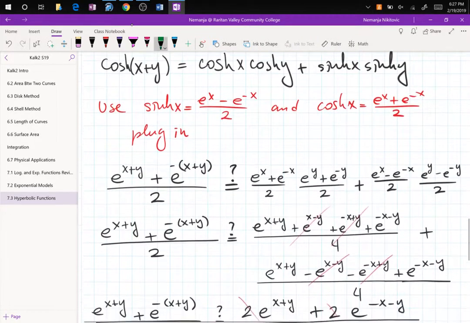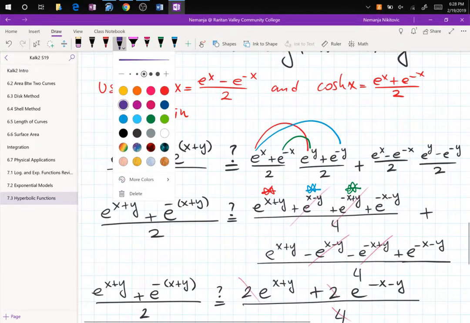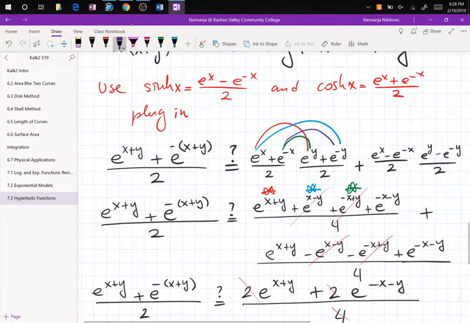Can you mark exactly what you foiled with 2? Yes. So look at this. This one times this one, that's the red, that's this guy over here. And then you have this one times this one, which is this guy over here. Then we have the green one from here to here. And then you have the red, blue, green, purple.